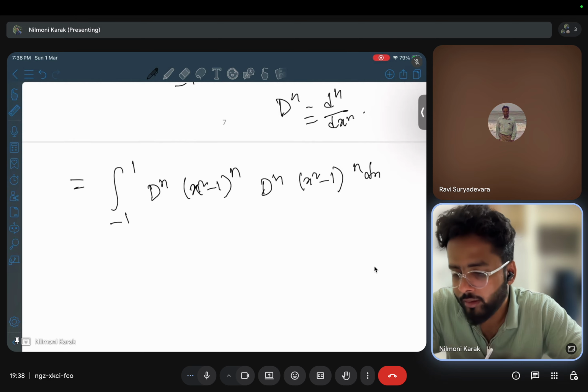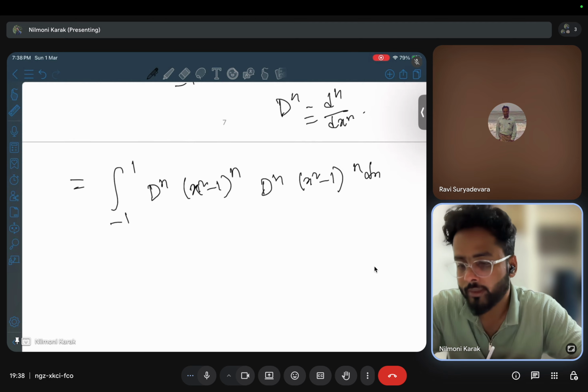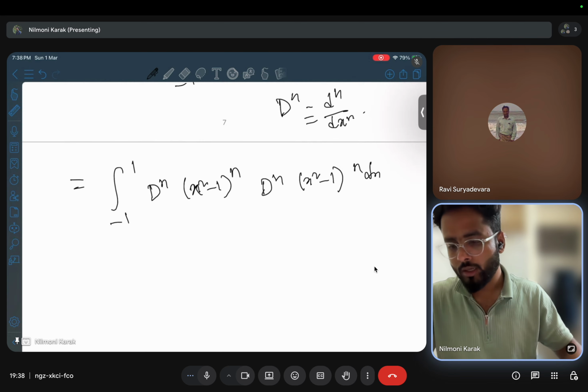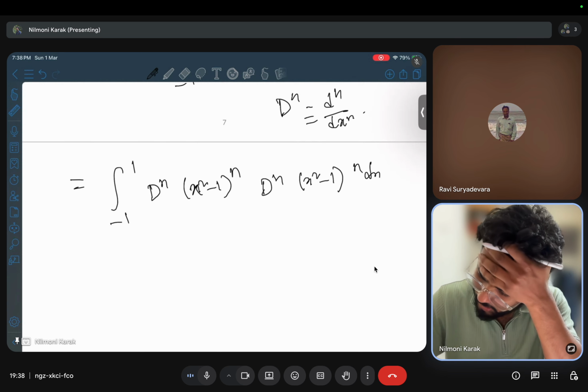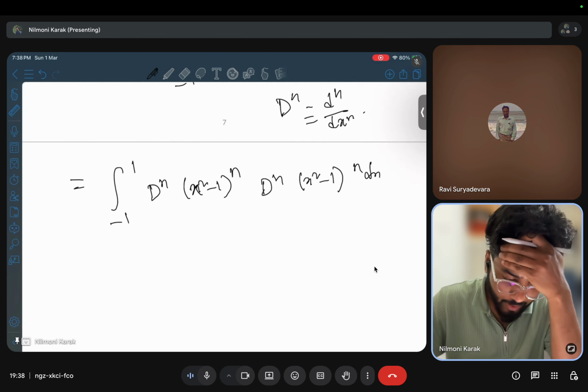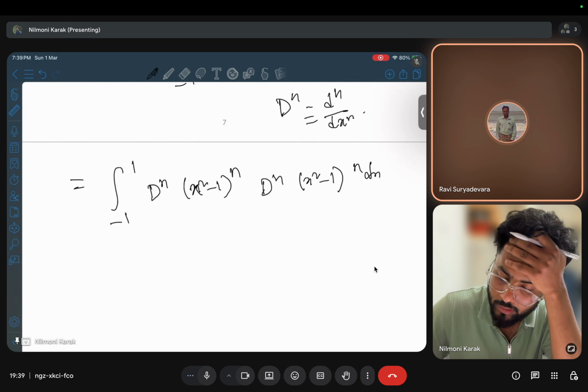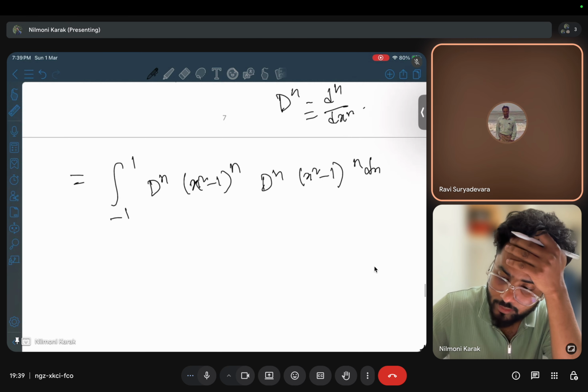So we must now repeatedly integrate by parts.